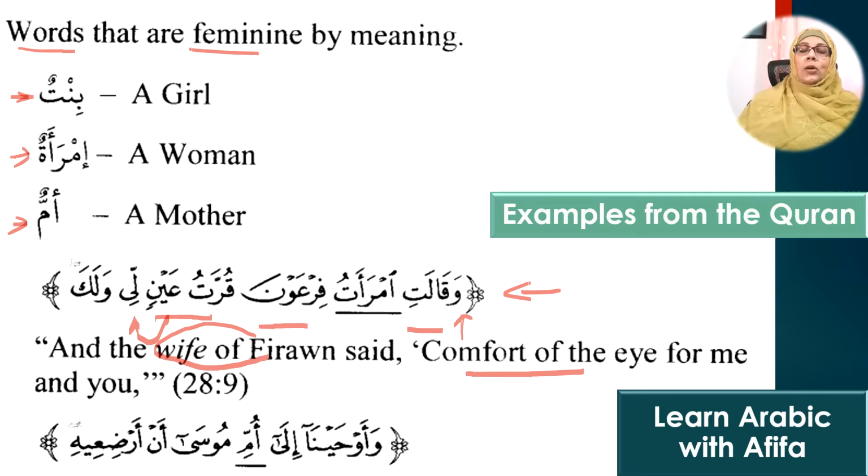Okay, so over here notice that we've studied the preposition li, right? Which is joined with ya mutakallim, so meaning for me, right? And wa again is and, laka means for you, right? Where ka is the pronoun, and we have covered this in the prior lessons.